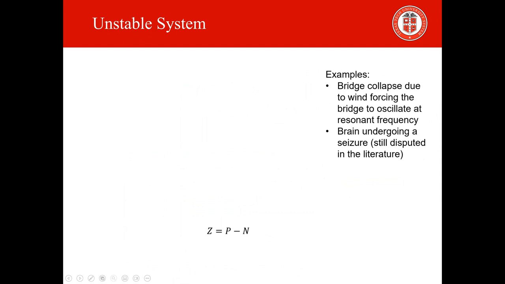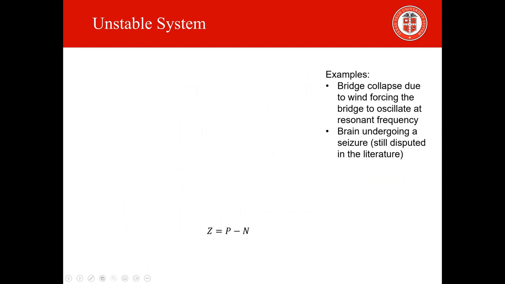Okay, so what is an unstable system? You have seen this in the real world, and probably more recently in today's day and age, especially with watching the news or things on TV.